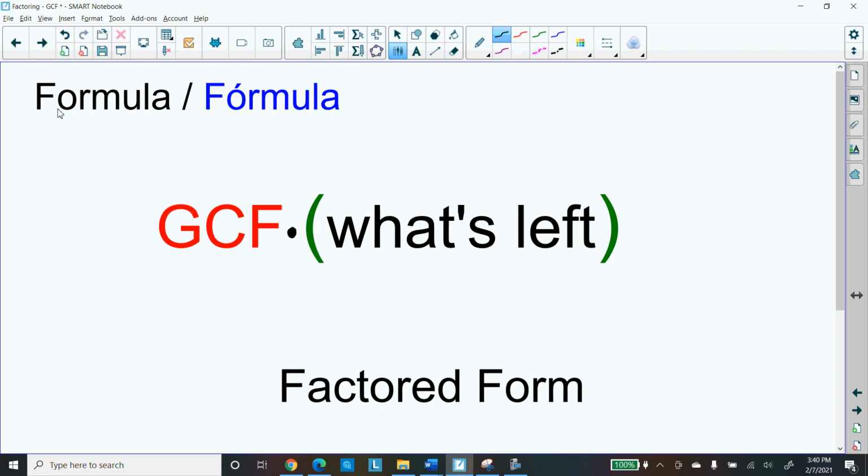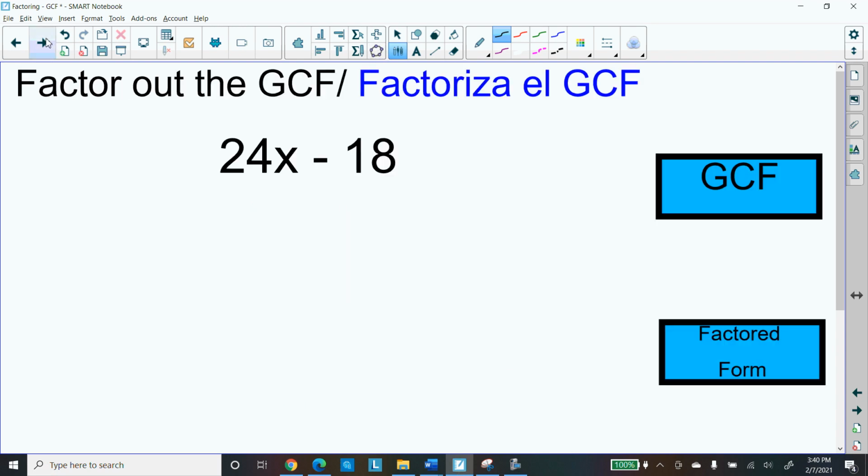So let me give you an example of what we mean. We want to factor out the GCF of 24x and 18. So we're looking first for the greatest common factor. Let's break this down by multiplication. I'm going to break this down to 6 times 4. Why did I pick 6 times 4?